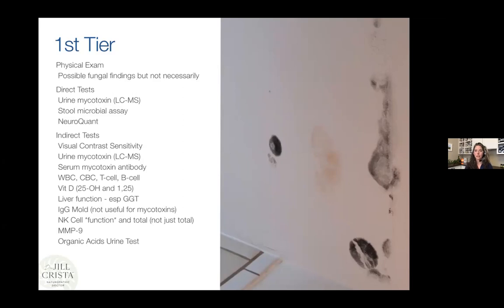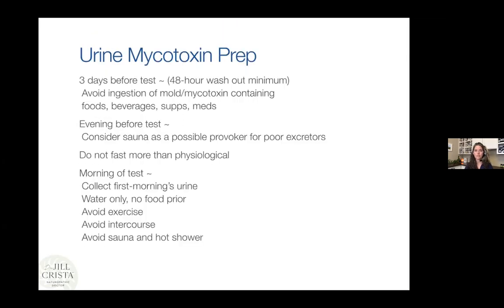And then a natural killer cell function test is specific to the particular immune dysregulation and depletion that mold causes. You can also run an MMP9, which is a surrogate for a mast cell issue, and an organic acids urine test. So that's all the ways that I might consider a first run.